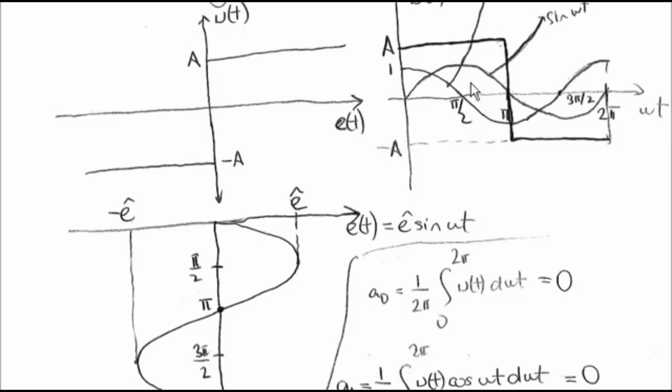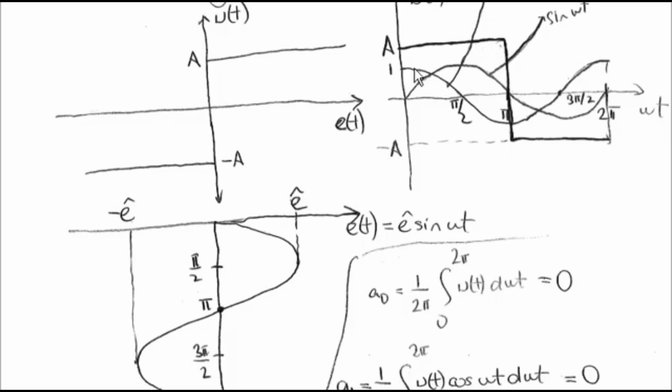Here the interesting thing is that I see that this function u of t between 0 and pi is symmetric with respect to the value of pi over 2. So on this side I have a, and on this side I have a as well.